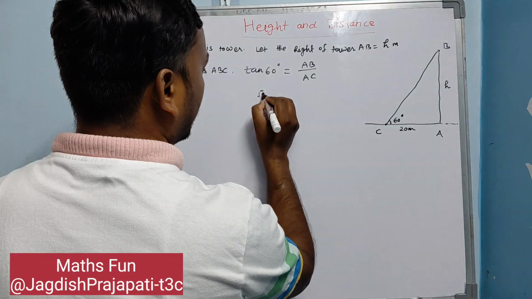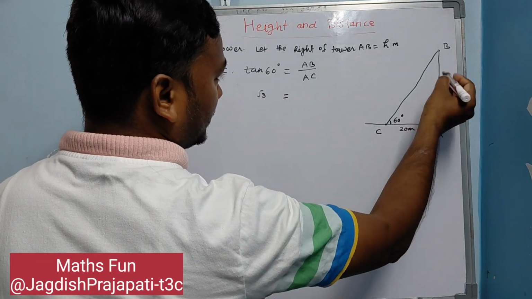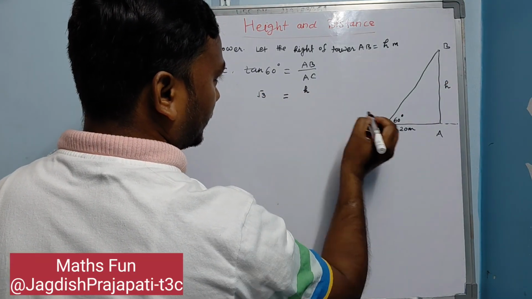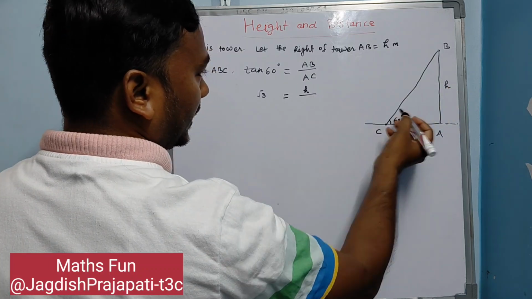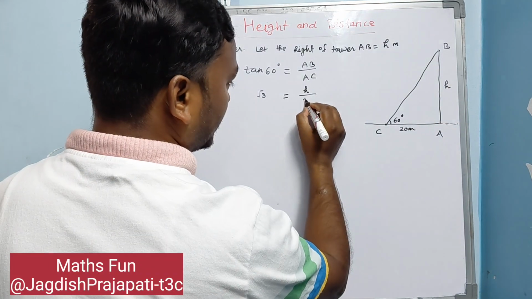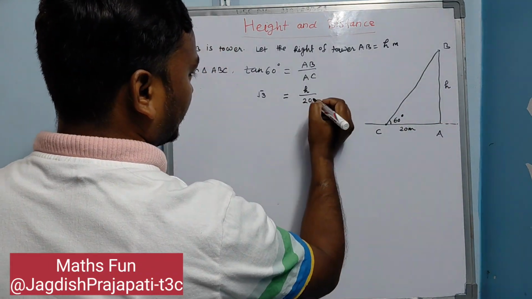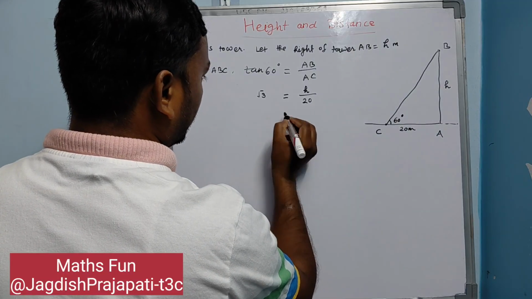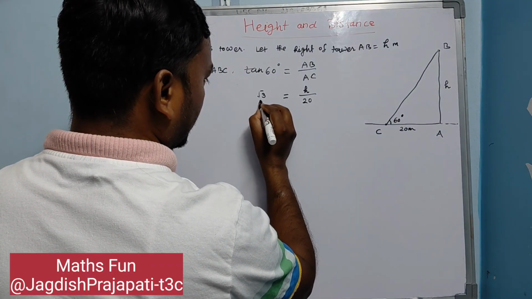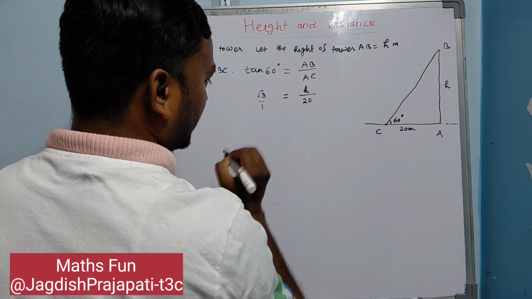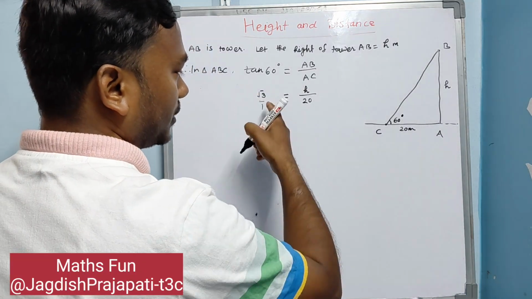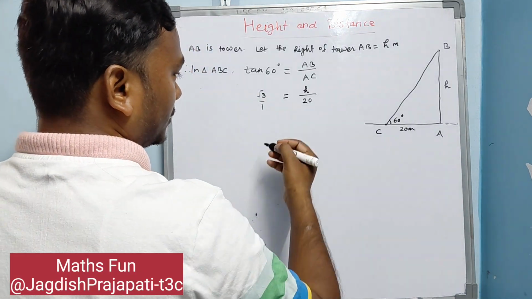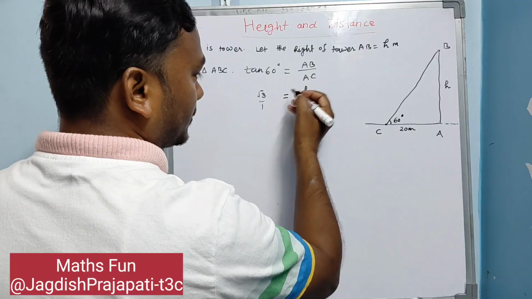Tan 60 is under root 3, AB is H, we have supposed it, and AC is given, which is 20 meter. Here we can assume 1 in the denominator of under root 3, so we can use cross multiplication.